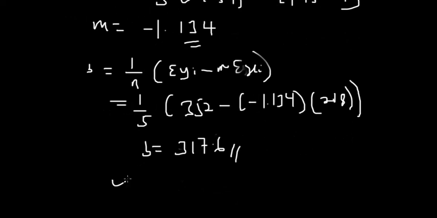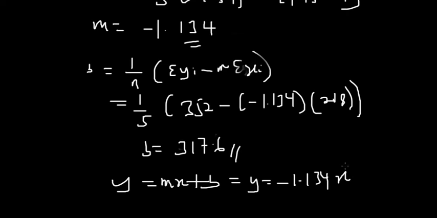So you can just write the model y equals mx plus b, which is y equals minus 1.134x plus the intercept, 317.6. So this will be your model.